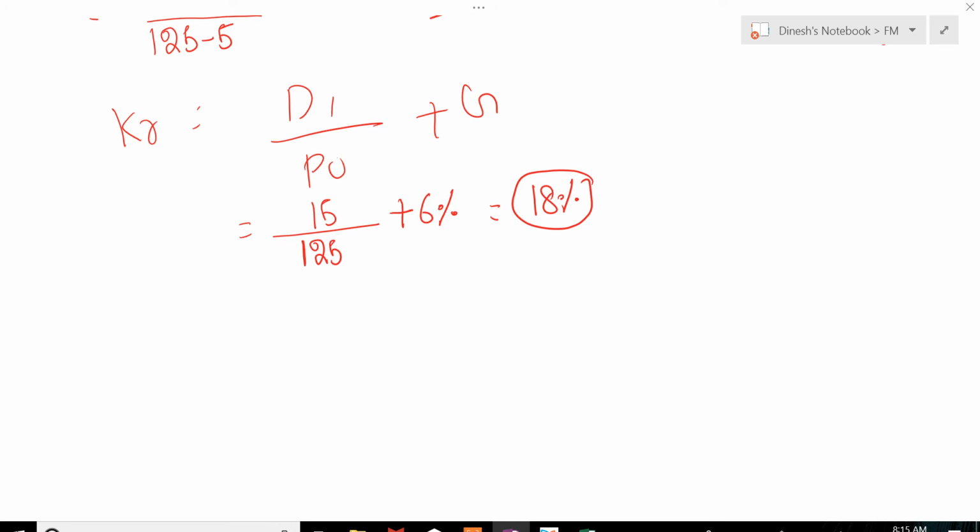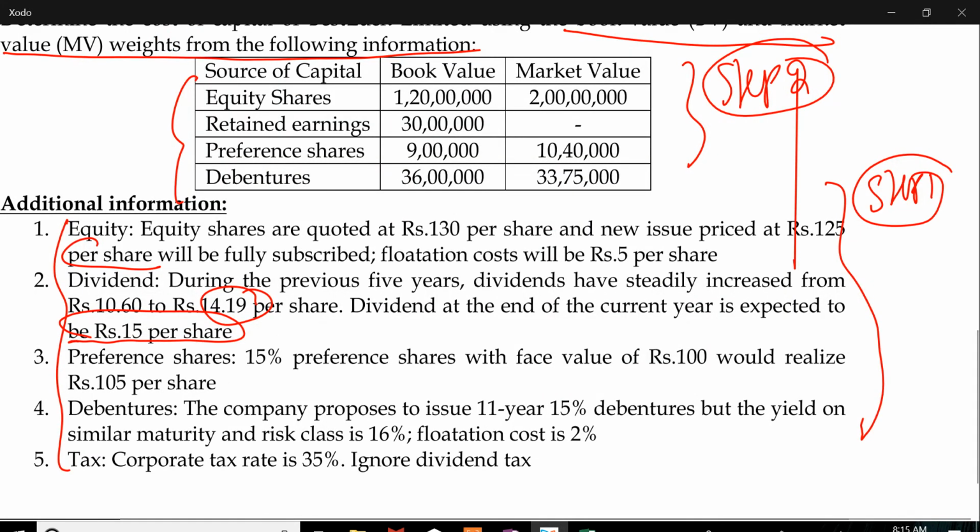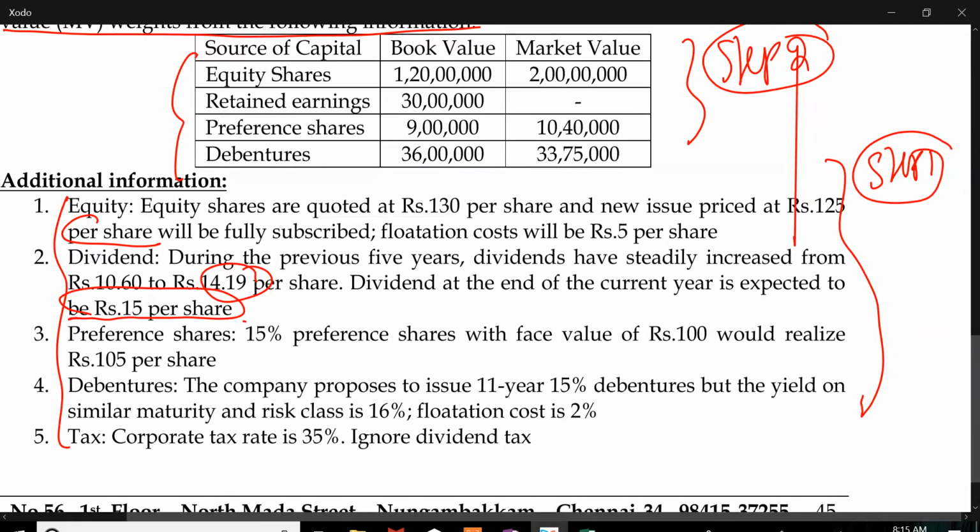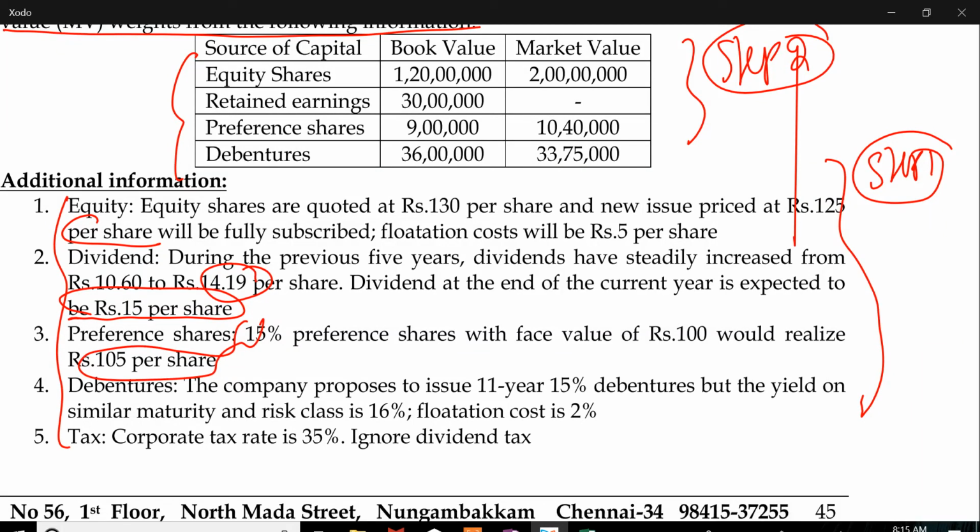Any doubts on this? What's the third form of capital? Preference. Now they have said 15% preference share would realize what? 105. KP is equal to what by what? 15 divided by 105.